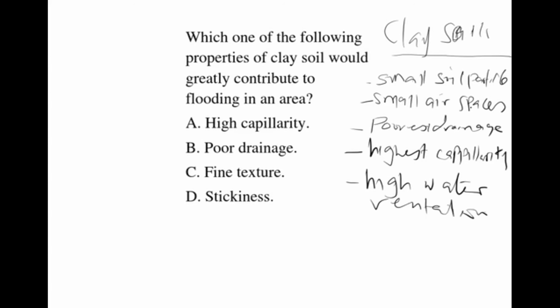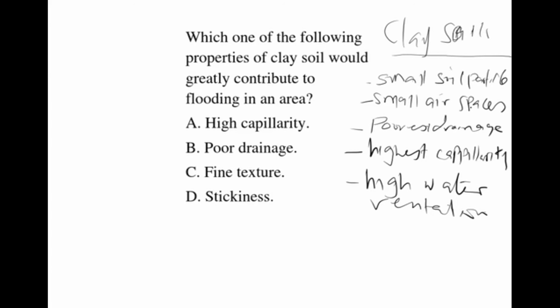So those physical characteristics of different types of soil are the ones that determine some of the properties of the soil. When looking at clay, since it becomes flooded or waterlogged easily, all that waterlogging is contributed by poor drainage.